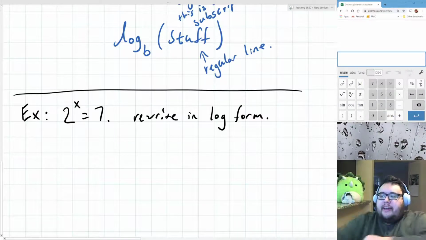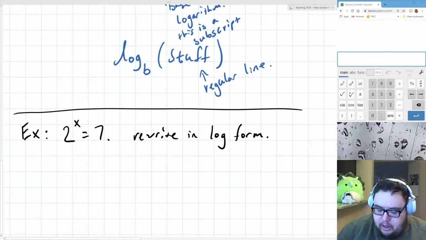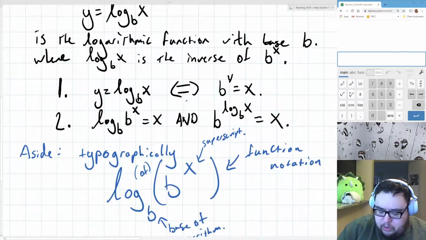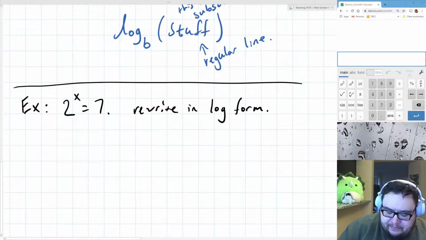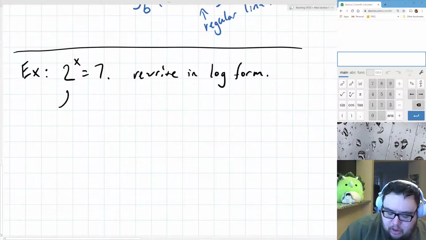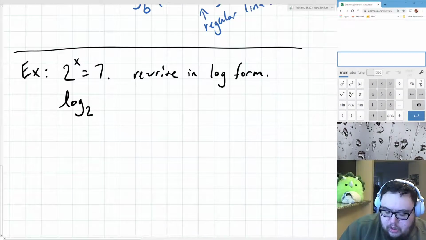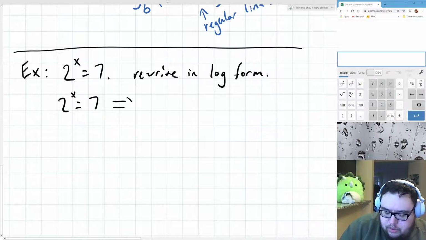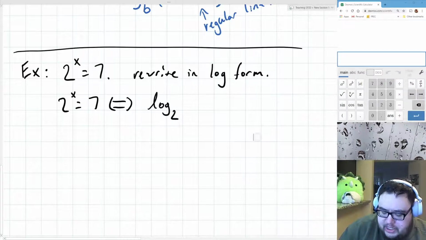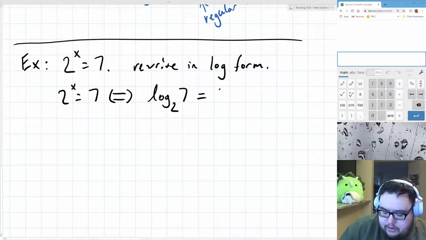So we're using that definition of the logarithm that y equals log base b of x is equivalent to b to the y is equal to x. So if 2 to the x is equal to 7, that is equivalent to log base 2 of 7 is equal to x.